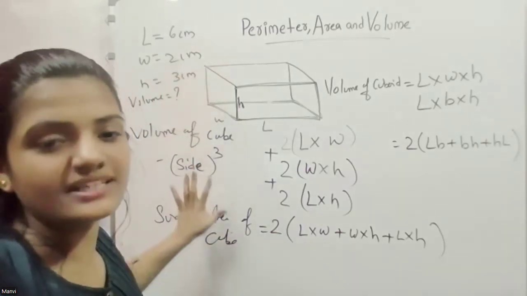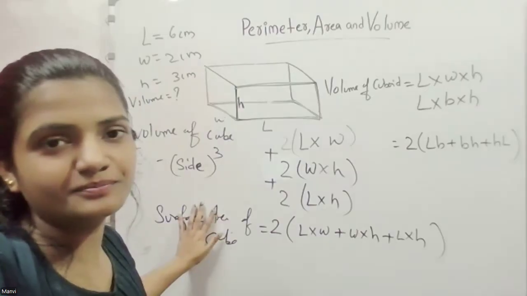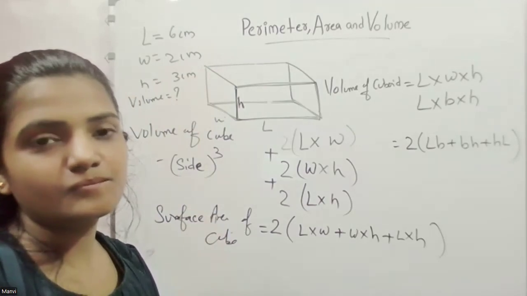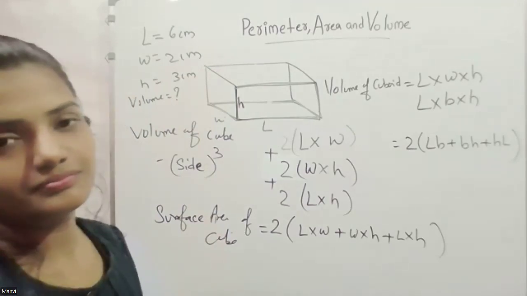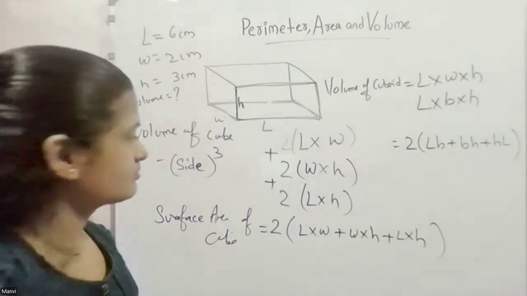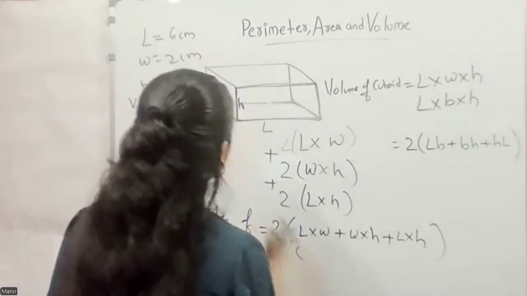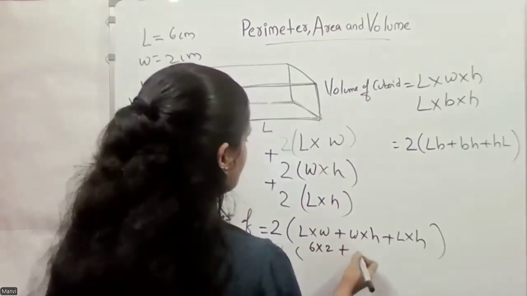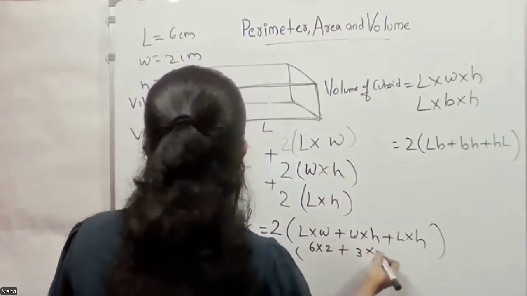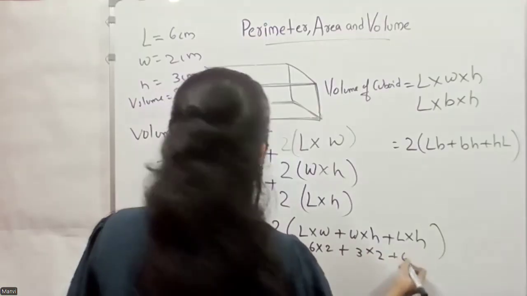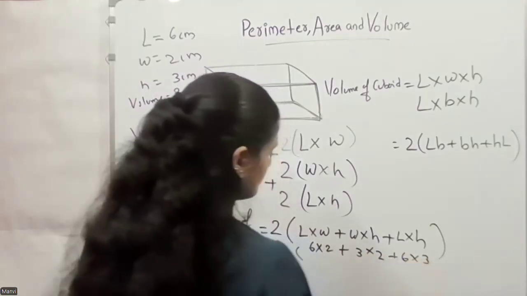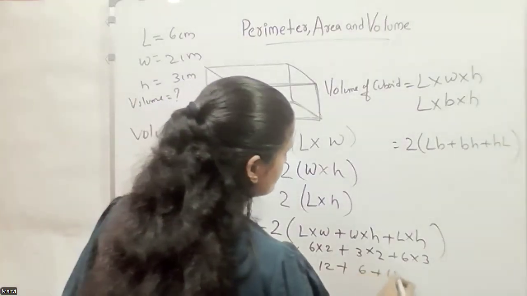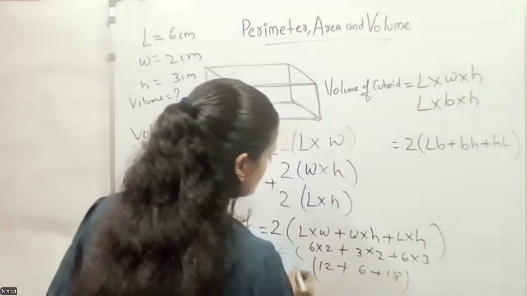For the same, calculate the surface area of this cuboid. Surface area. Length times width, which is 12. So 2 into length 6 times width 2 plus 12, and 3 times width 2 is 6, plus 6 times width 3, which is 18. So 12 plus 6 plus 18, all times 2.